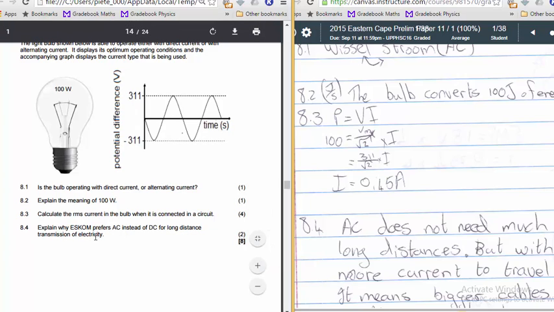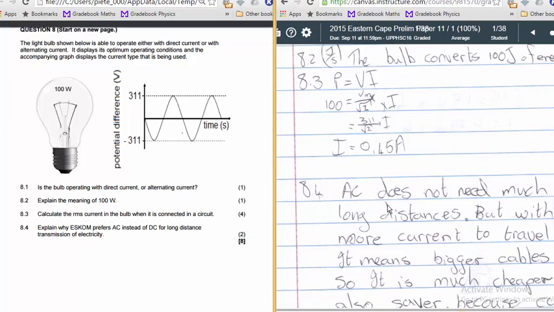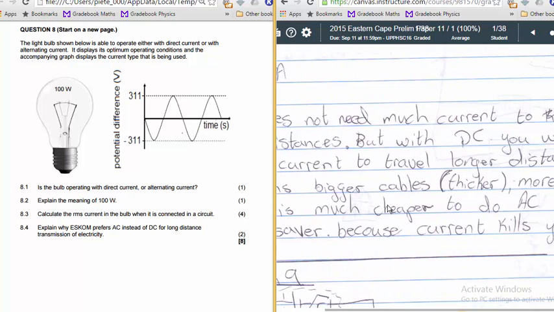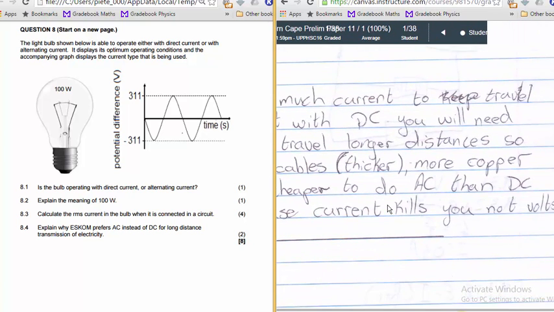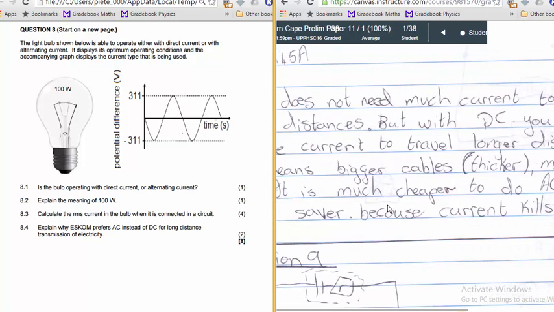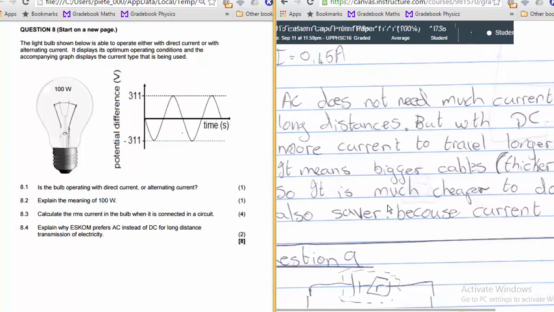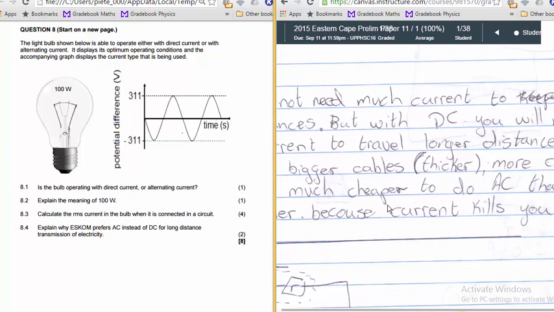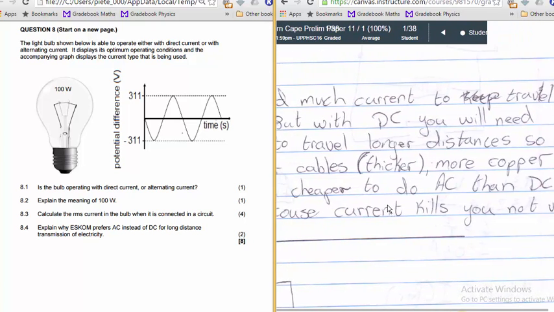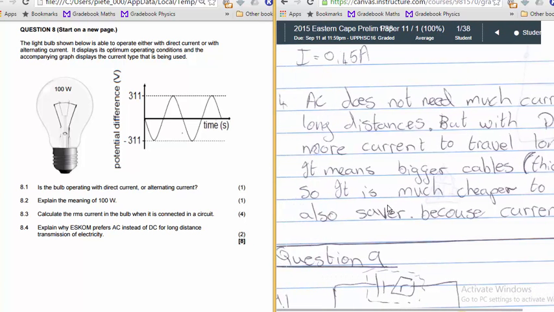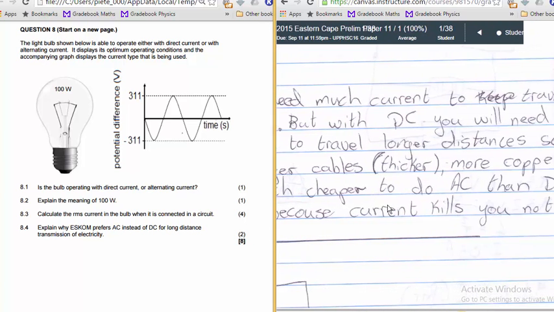Explain why ESCOM prefers AC instead of DC for long distance transmission of electricity. See what the student says. AC does not need much current to keep traveling distances, but with DC you will need more current to travel longer distances, so it means bigger cables, more copper.